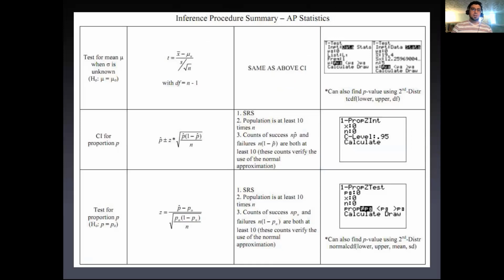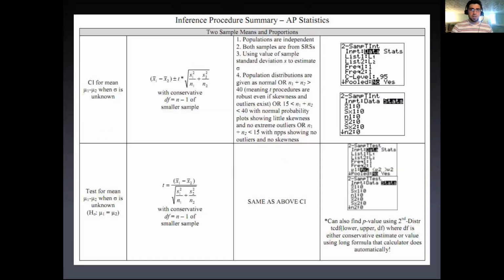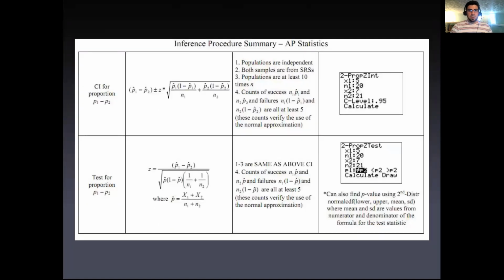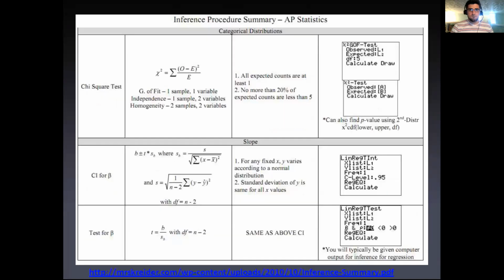And then here's inference procedures as well. And then here's two sample means and proportions. Here's some more. Here's categorical distributions, some slope.